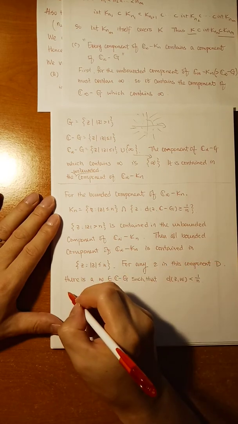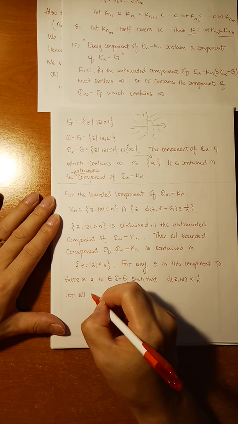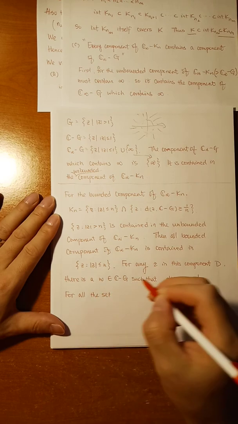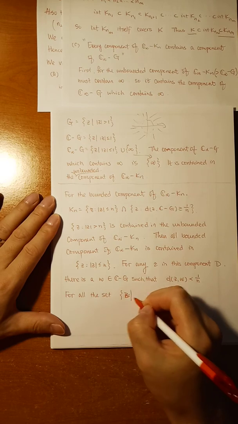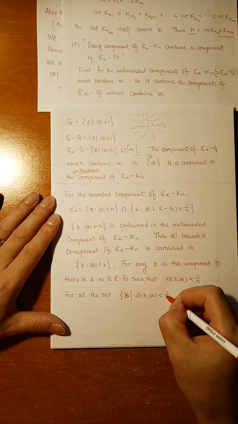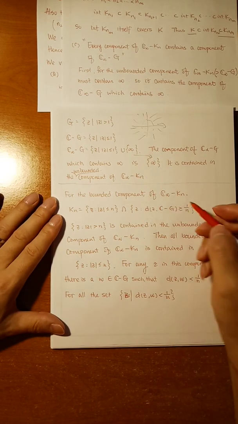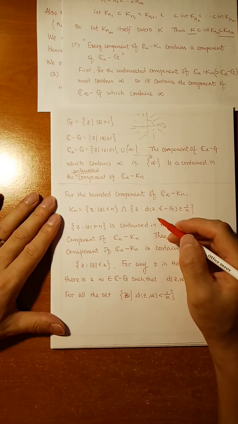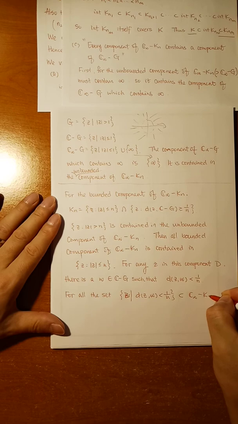But for the whole set of Z such that the distance between Z and W is less than 1 over n, this whole set fails the second condition. So this whole set belongs to C infinity minus Kn.